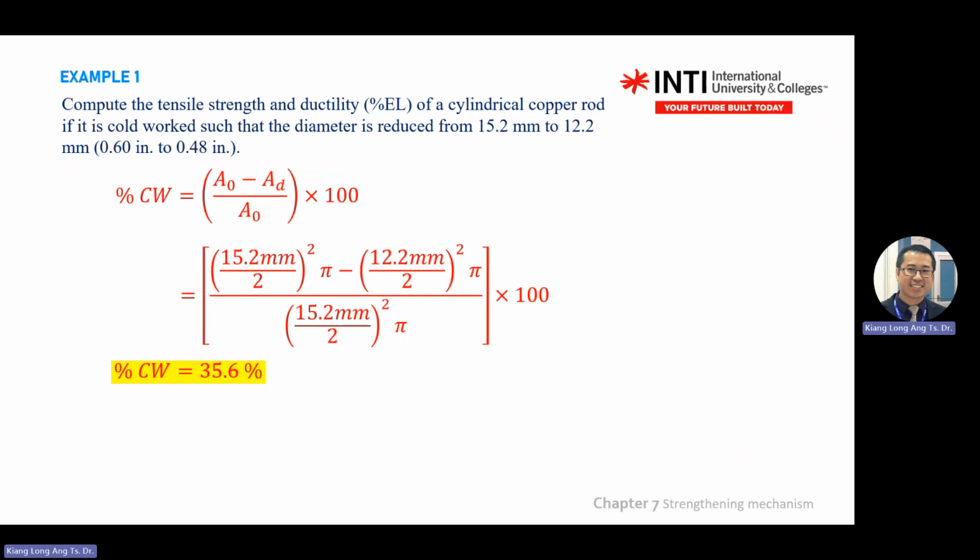How do you get 19? How do you get 19.74? This is how you calculate area.